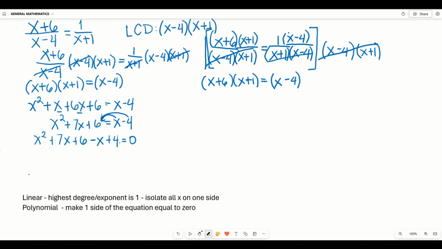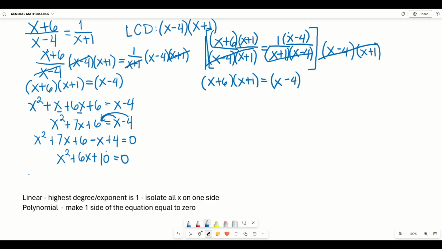And then again, you need to combine the similar terms. So we'll have x squared, 7x minus x is positive 6x, and 6 plus 4 is equal to 10, is equal to 0. So for this one, x squared plus 6x plus 10, wala tayong makukuha na factors, or hindi siya factorable, since there are no numbers na kapag pinag-multiply mo is 10 yung sagot, and kapag pinag-add mo is 6.